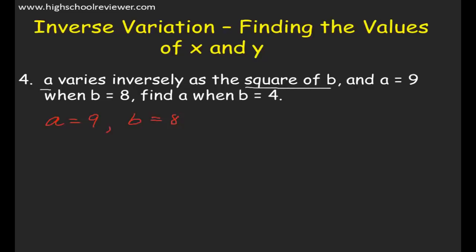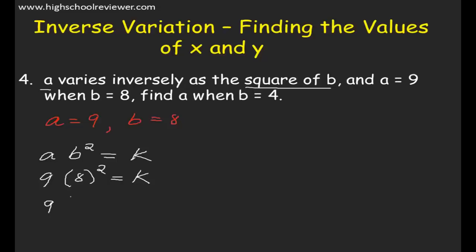So our equation will be a times b squared equals the constant of proportionality, which is k. So our a here is 9 multiplied by b, which is 8, raised to the power of 2 equals k.